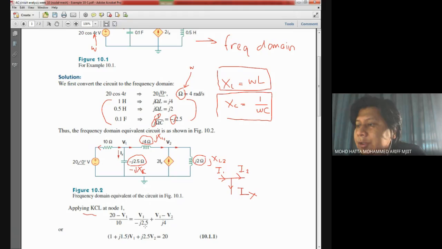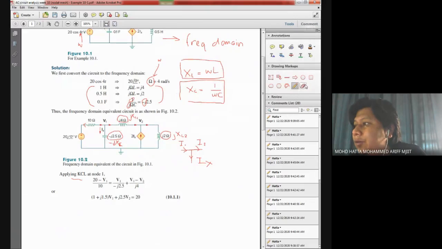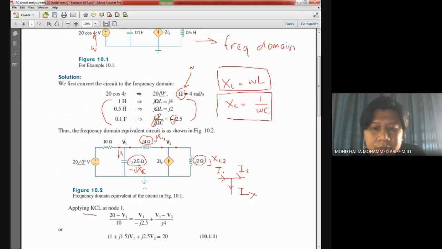In this solution, I1 points towards the right-hand side, I2 also points towards the right-hand side, and IX points downwards. So be careful with that. Although you can do this, make sure you are particular with the current direction throughout your analysis.